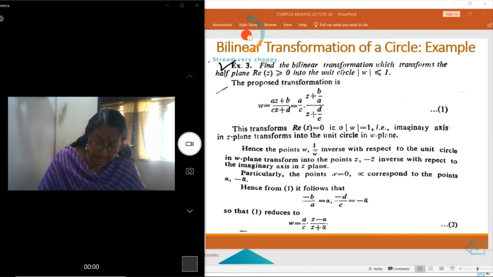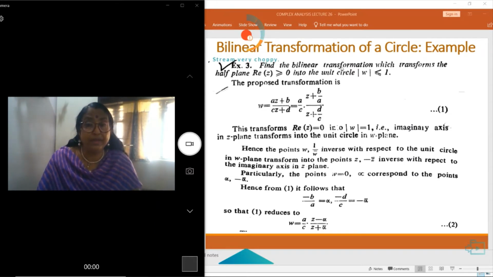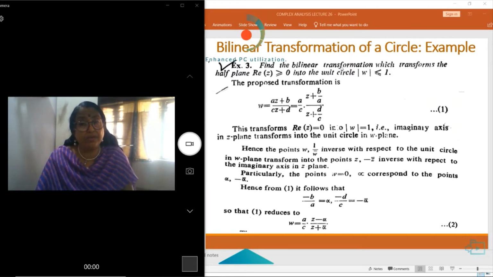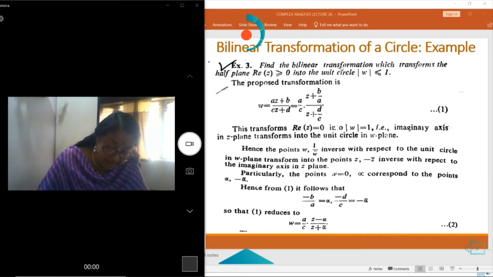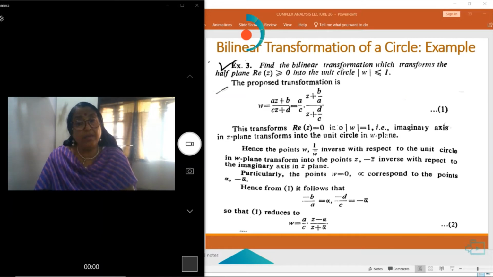Here, we have to transform real z greater than or equal to 0, that is, the real part of z, into the circle |w| less than or equal to 1. |w| equal to 1 means the unit circle, and less than or equal to 1 means the points inside the unit circle.